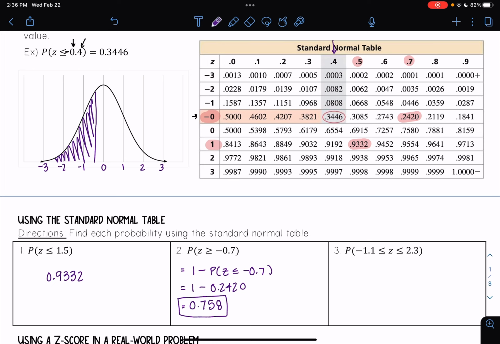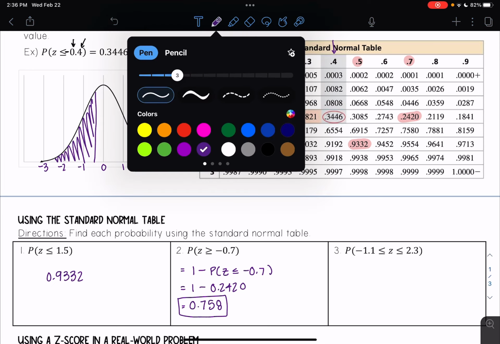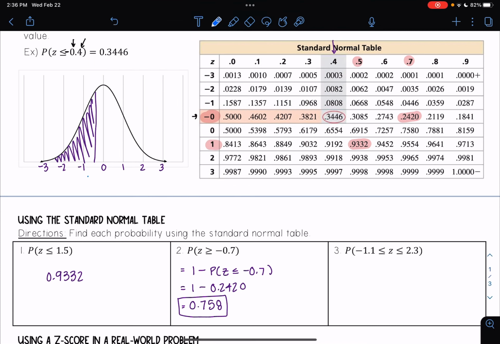And you can check your work again up here. If I go to negative 0.7 here, I'm looking at everything greater, and I can see that it's reasonable to say that's about 75%.